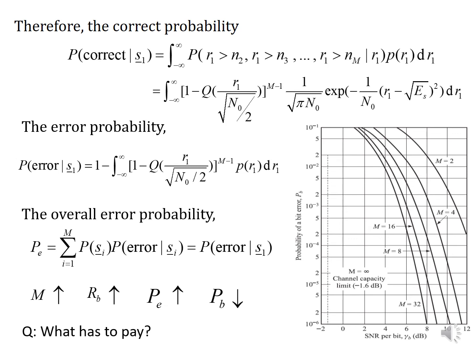So what has to be paid? As we said, it is the number of bases for MFSK, and what is paid is the bandwidth.